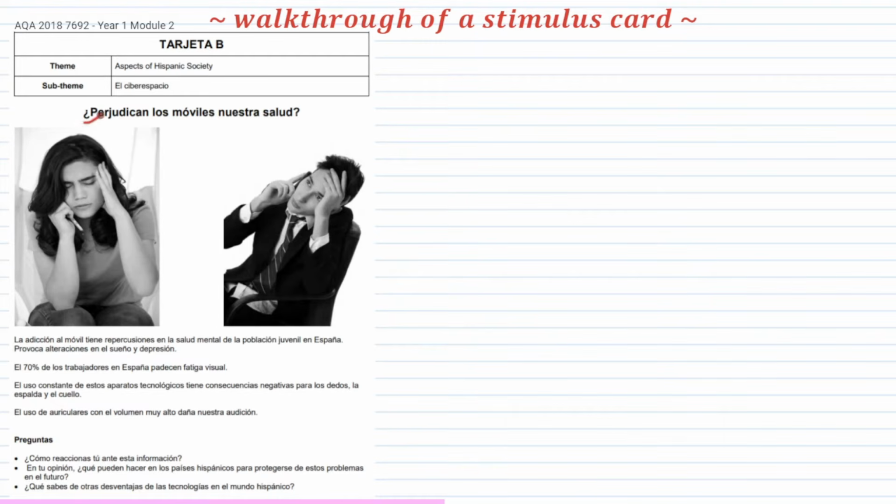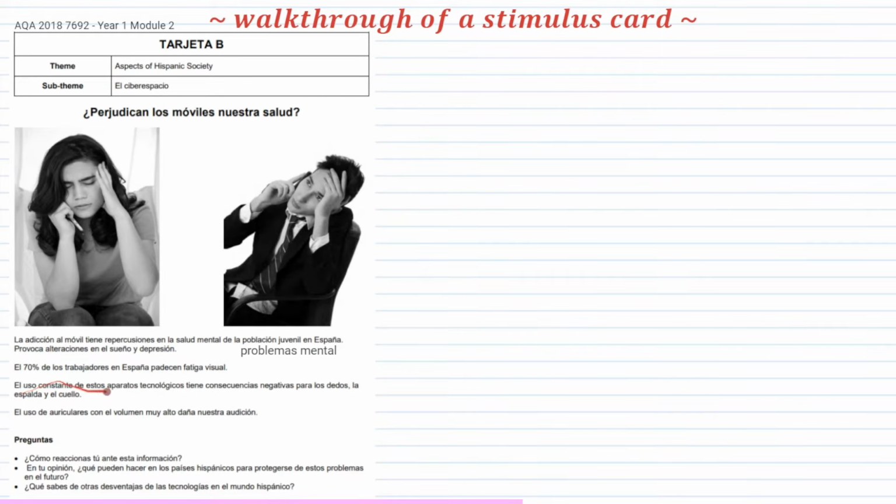So the title is Perjudican los móviles nuestra salud. La adicción al móvil tiene repercusiones en la salud mental de la población juvenil en España. Provoca alteraciones en el sueño y depresión. So, problemas mental. El 75% de los trabajadores en España padecen fatiga visual.